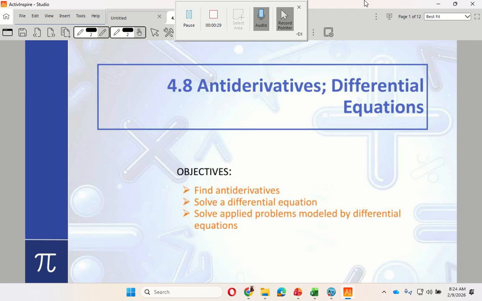Okay. All right. So right here, antiderivatives. So what do you think an antiderivative is? Opposite of derivatives. So everything in math that does something has an operation that undoes it.